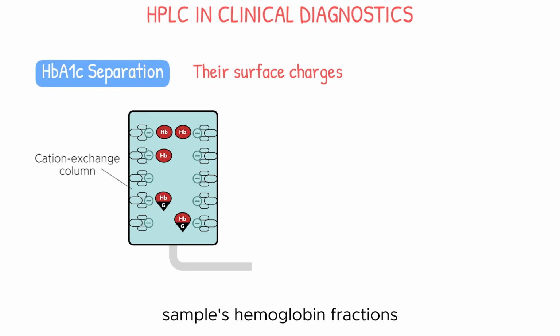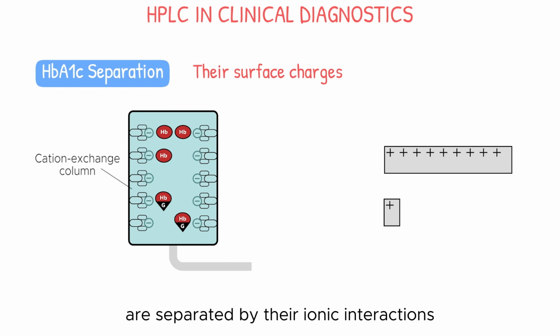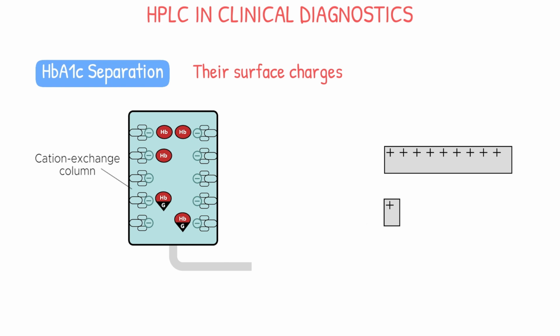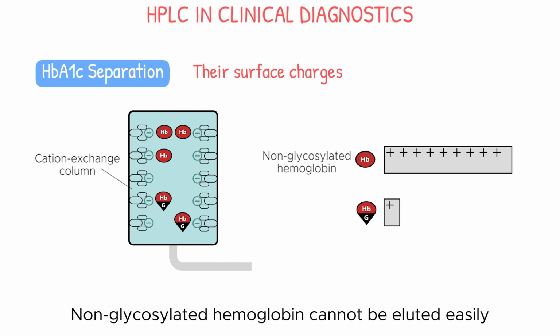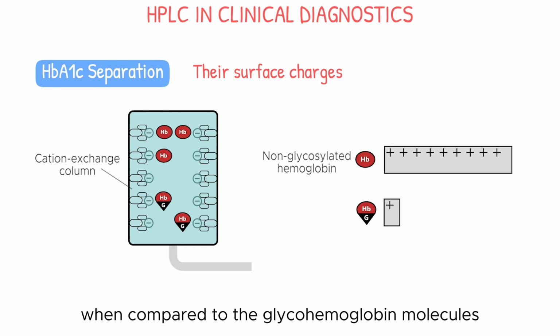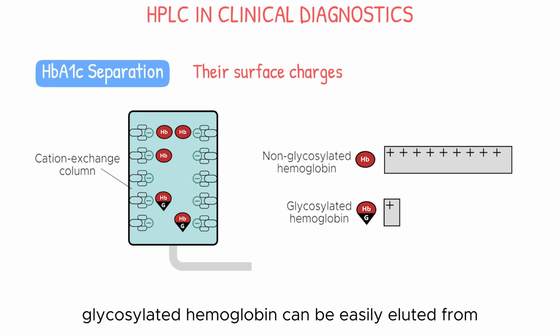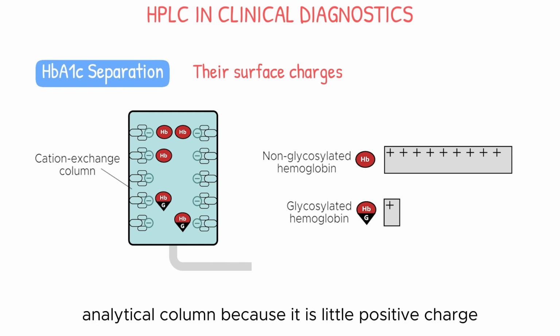Post-injection, the sample's hemoglobin fractions, including HbA1c and HbA0, are separated by their ionic interactions with the stationary phase. Non-glycosylated hemoglobin cannot be eluted easily from the analytical column because it is more positively charged when compared to glycohemoglobin molecules. Glycosylated hemoglobin can be easily eluted from the analytical column because it has a lesser positive charge.